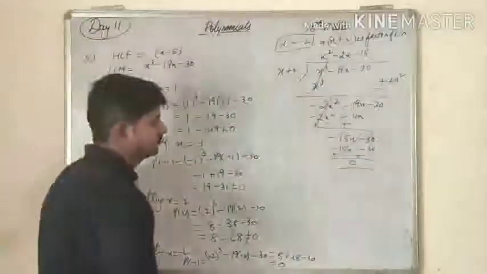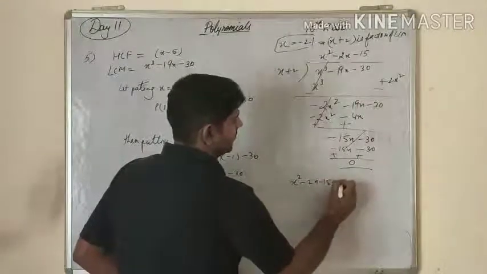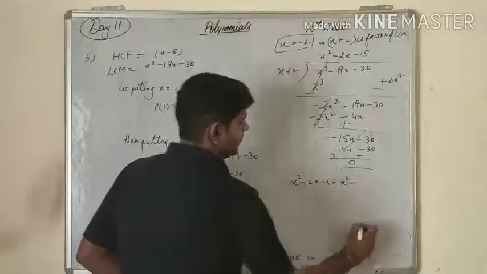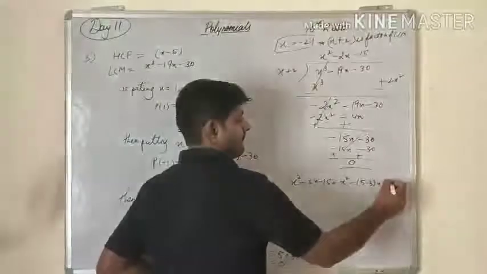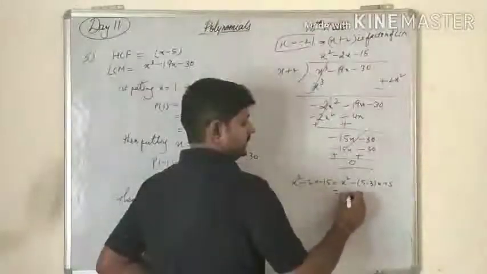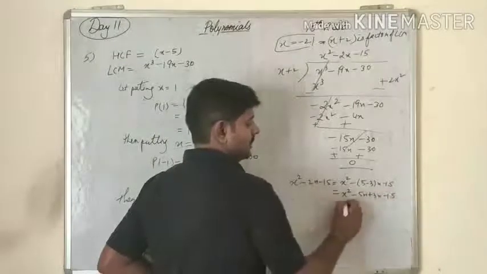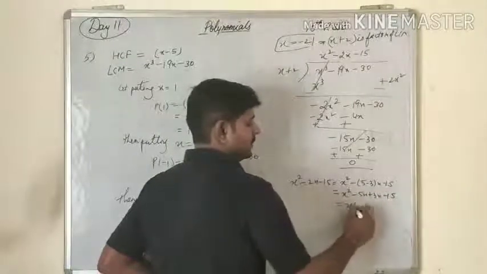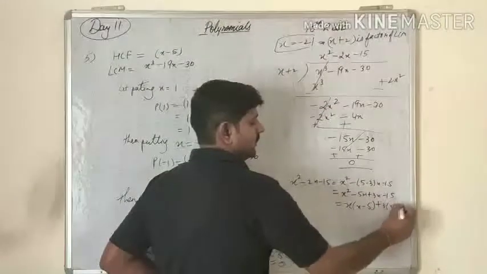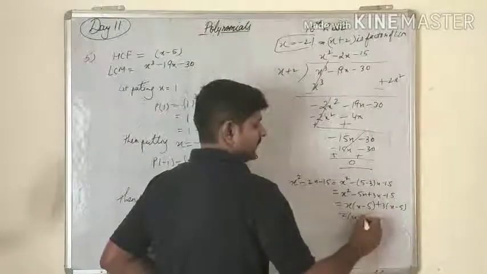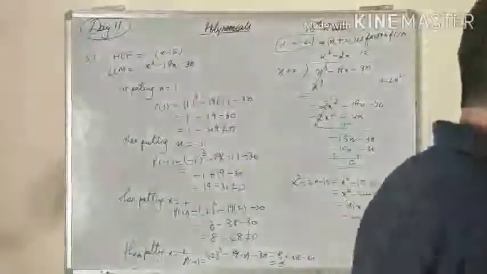So we can say x square minus 2x minus 15 can be factorized by middle term splitting, which is 3 and 5. So finally we get, if I take x common, x minus 5, and if I take 3 common, x minus 5. So these are the factors.